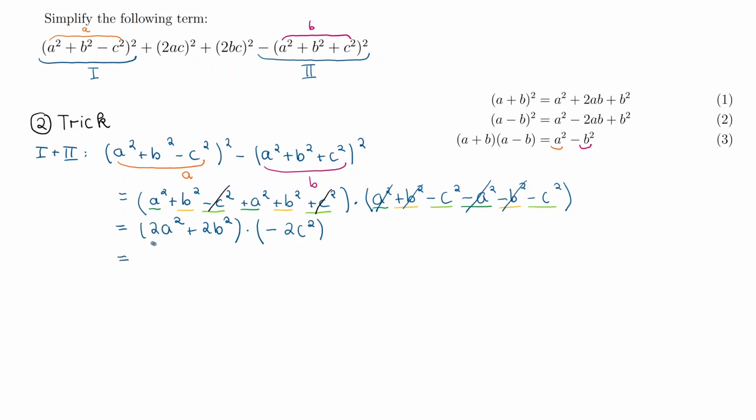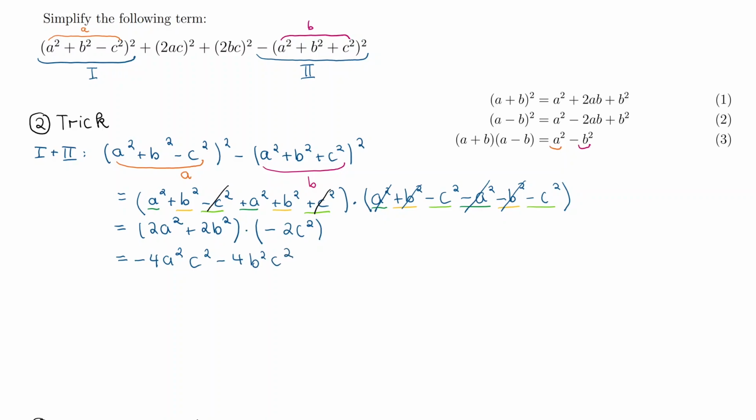Okay, and we see our bracket now is pretty short. So let's continue multiplying everybody with everybody. So I multiply 2A square with this part, which would be minus 4A square C square, and this part with this part, which would be minus 4 times B square C square.